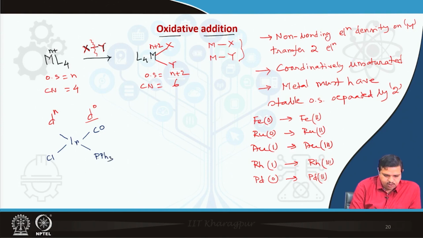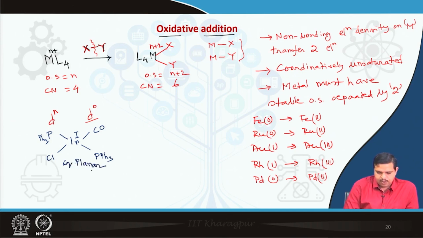You will see that iridium is in oxidation state of 1, with 2 triphenylphosphines in trans. This is a square planar complex, and you see here another carbonyl and chloride, and the 2 triphenylphosphines are in trans.